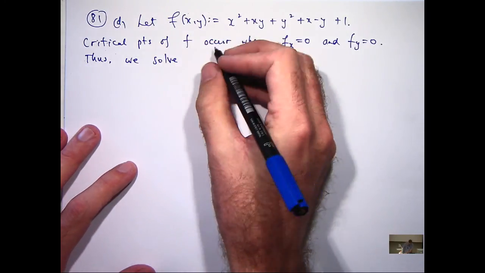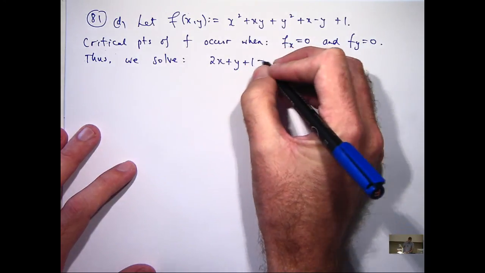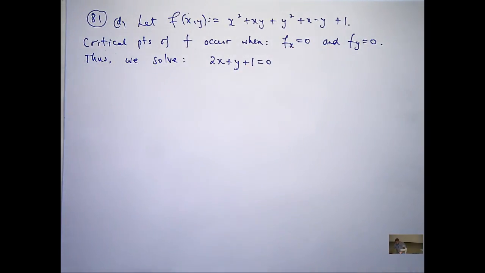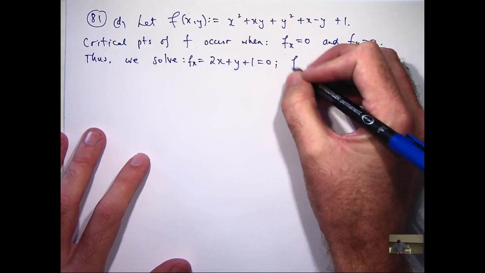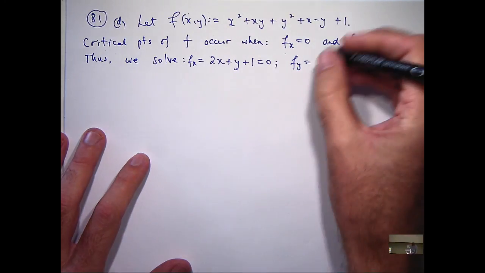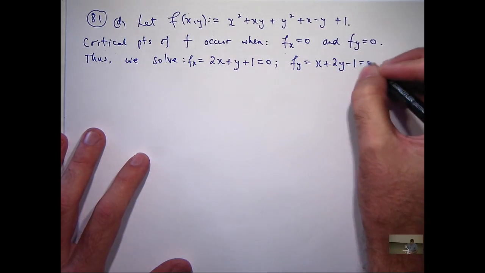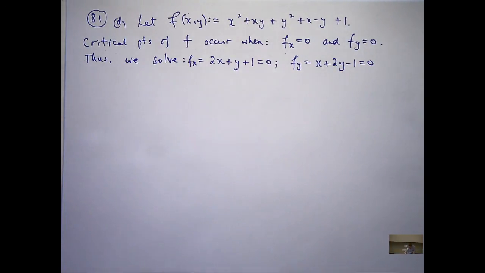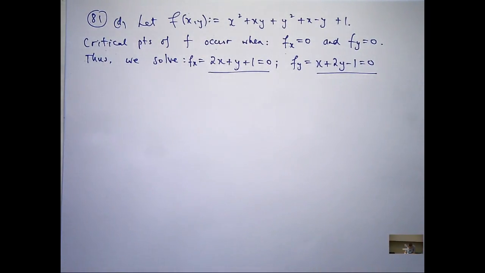So f sub x is going to be 2x plus y plus 1 equals 0. And f sub y is x plus 2y minus 1 equals 0. Two equations, two unknowns. They're pretty simple equations, so we can solve those.